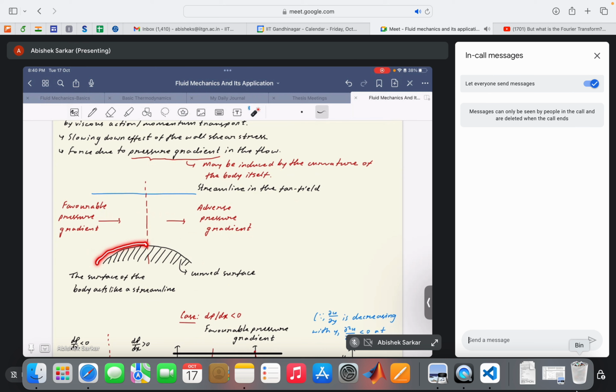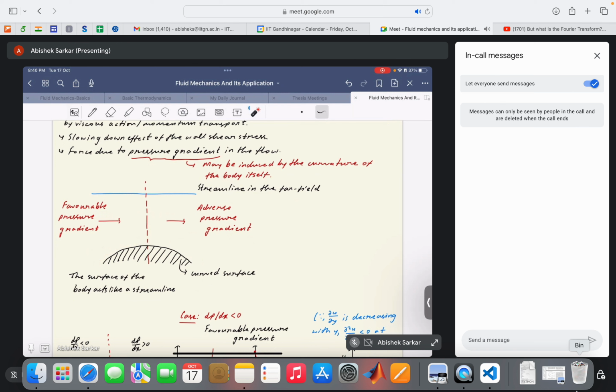A decreasing pressure in the positive x direction would induce a flow towards the positive x direction, which is what we have observed in the case of flow through pipes: how a negative pressure gradient induced a flow in the positive x direction. That is where we discussed the concept of adverse pressure gradients and favorable pressure gradients.